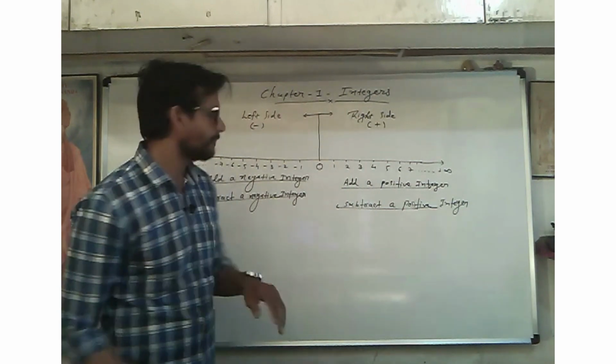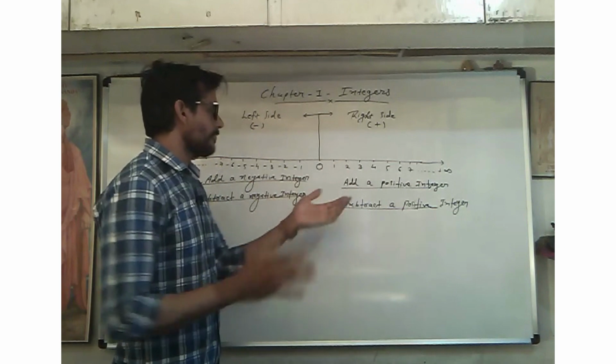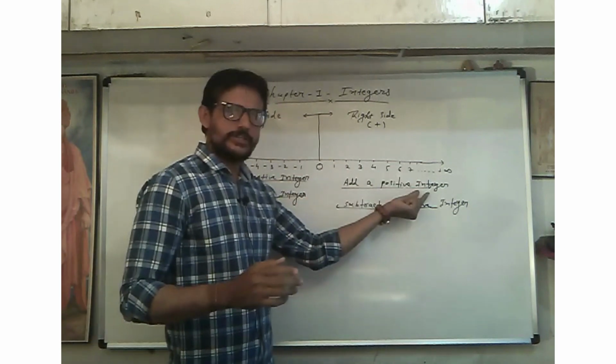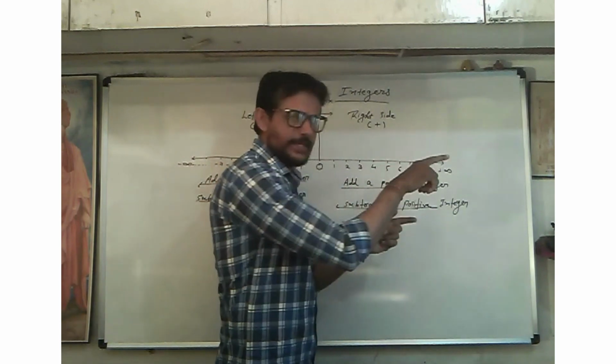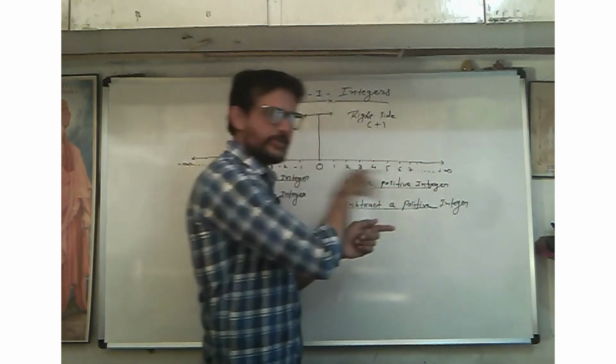I repeat. When you add a positive integer, that means you move to the right side on a number line from the center dot.